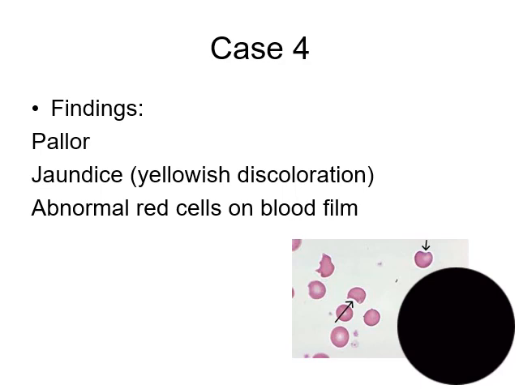So there is an inclusion termed Heinz body. These Heinz bodies are usually the other name of these cells, because of this inclusion that is caused by denatured hemoglobin.